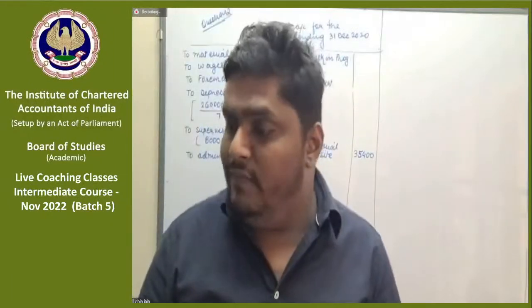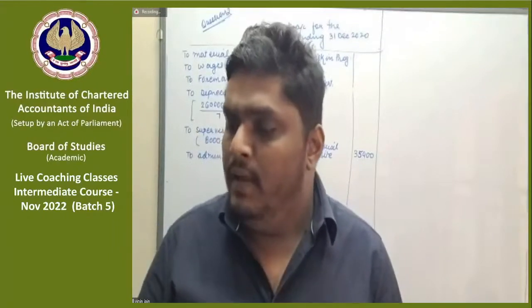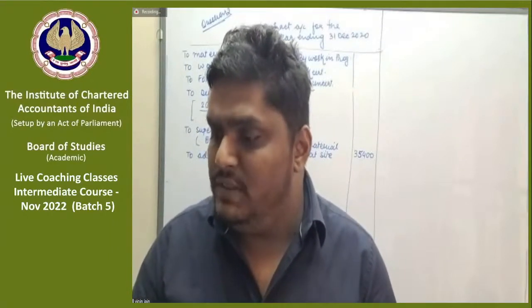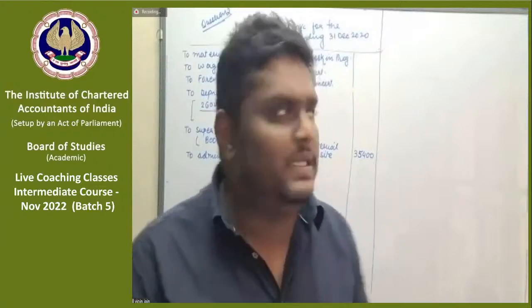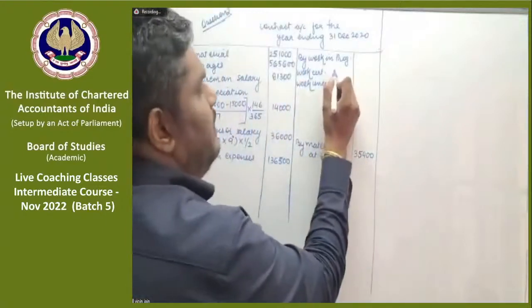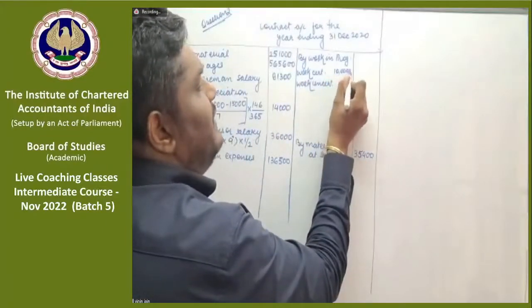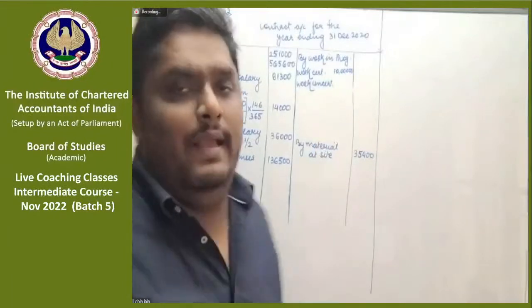When talking about work certified, it is given that the total contract price was 20 lakh, of which 50% of the contract price was certified. So when talking about work certified, we can simply say it is 10 lakh.